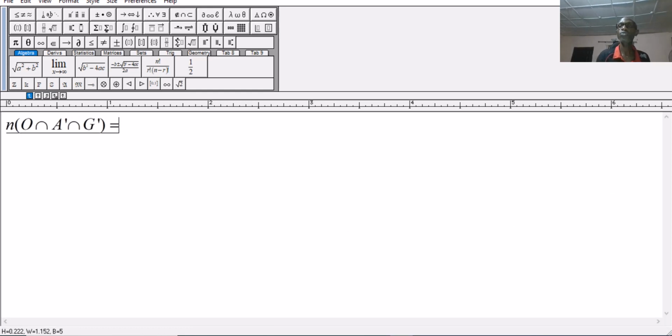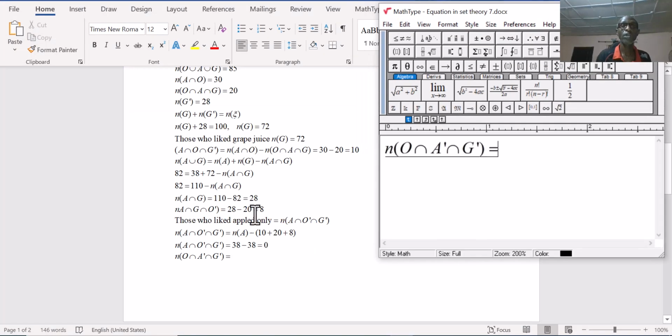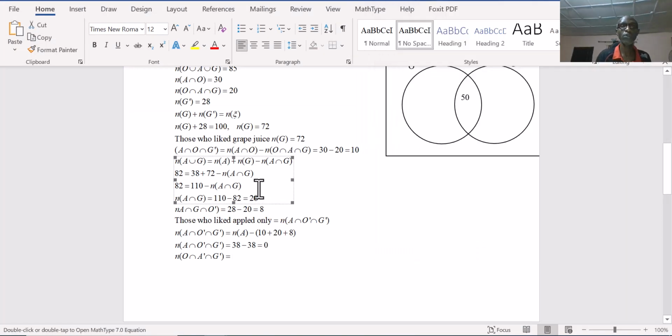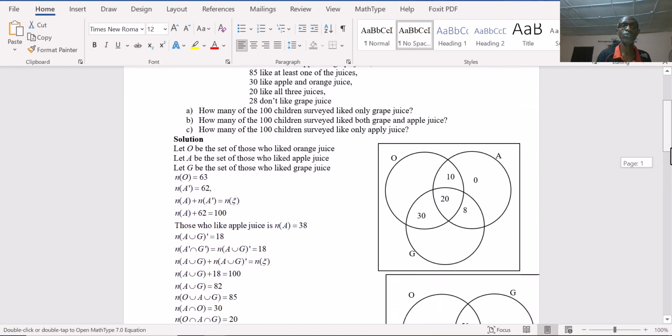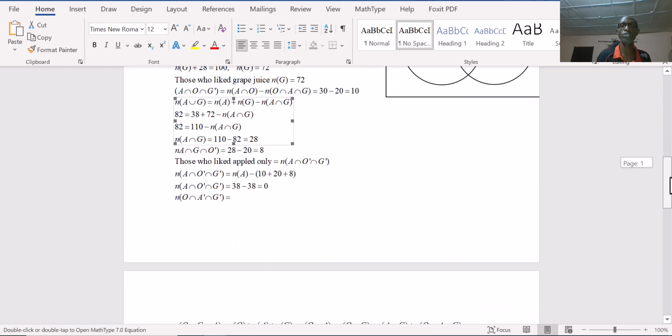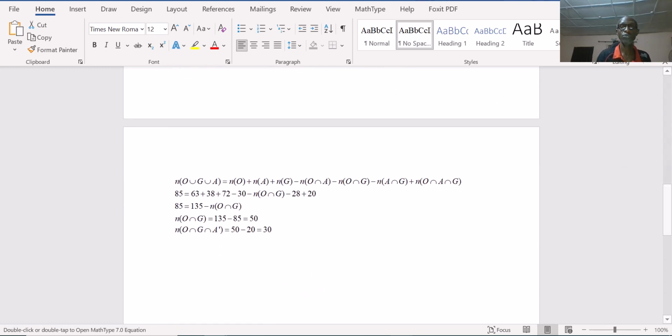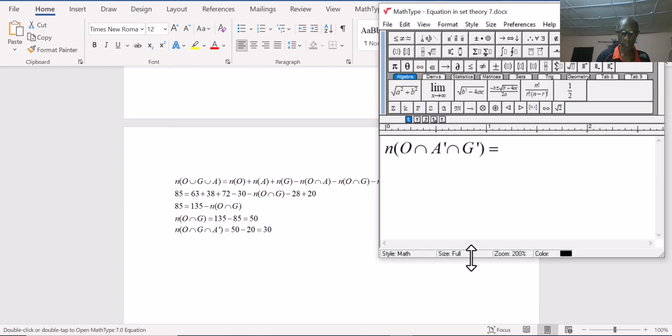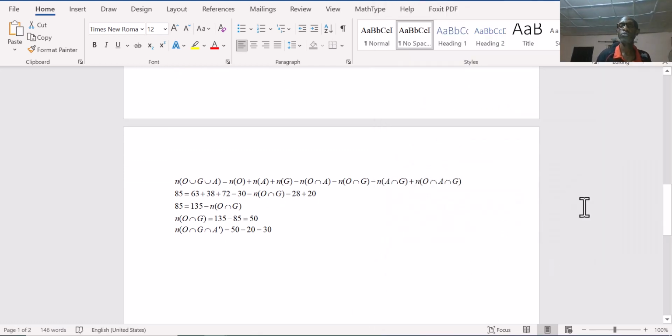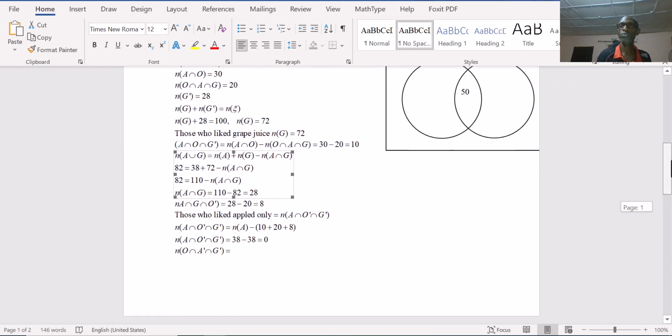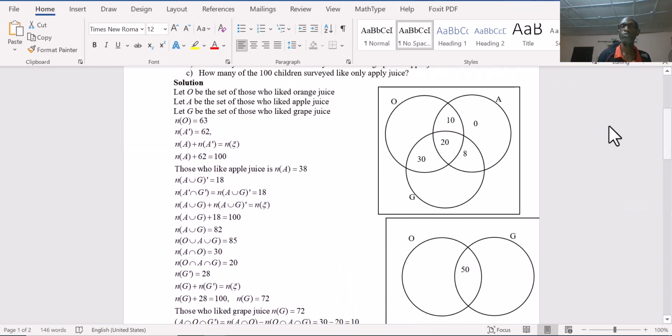So those who like orange only, look at it again. Those who like orange only is 63 minus, so you look at the circle, for orange is this circle.